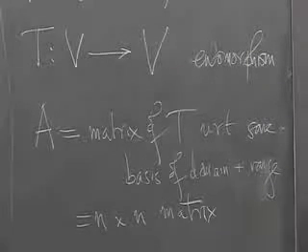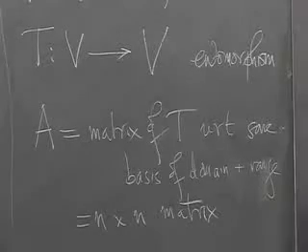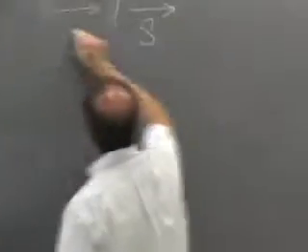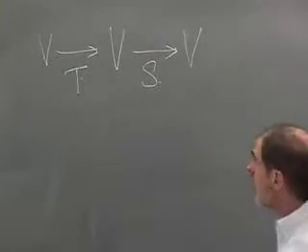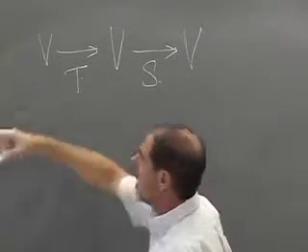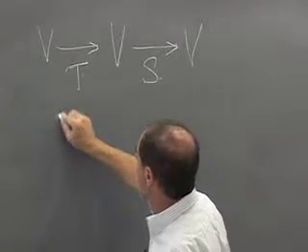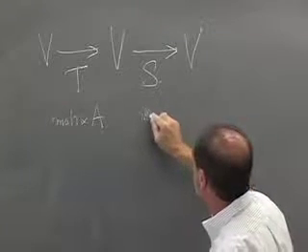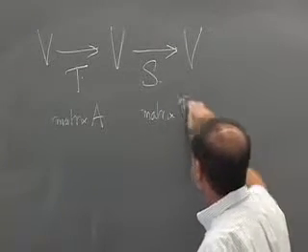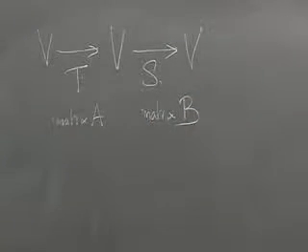If we have another endomorphism, so if we have T from V to V, and S, T, and this is given in terms of the basis V by, this has matrix A, and this has matrix B, both n by n matrices.